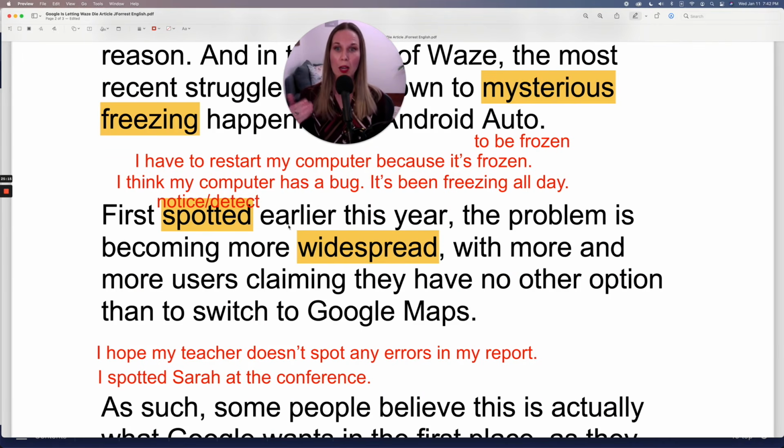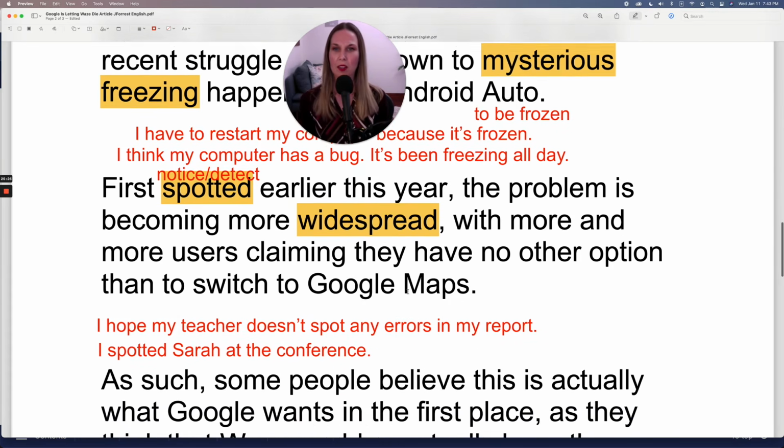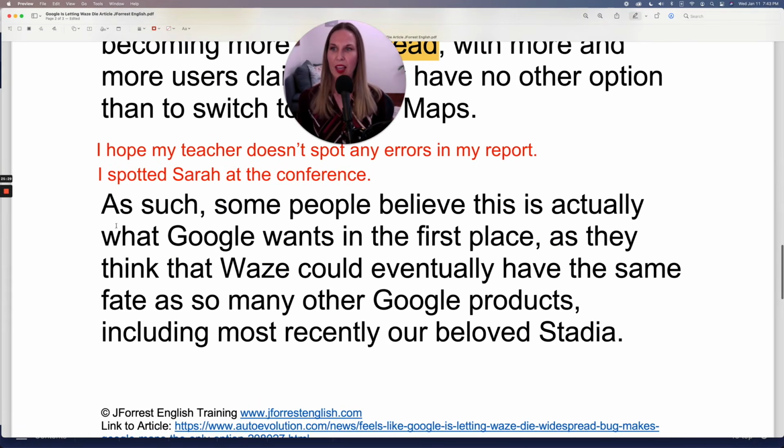The problem's becoming more widespread, going to more people, with more and more users claiming they have no other option than to switch to Google Maps. All right. As such, some people believe this is actually what Google wants in the first place, as they think that Waze could eventually have the same fate as so many other Google products, including most recently our beloved Stadia.